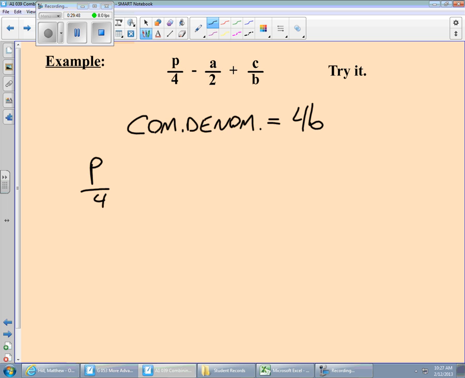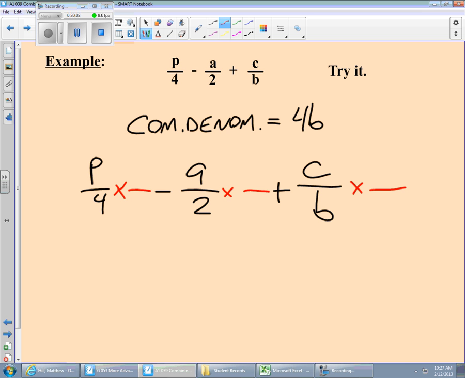So now, what do we have to multiply each fraction by in order to obtain this 4b? The ratio on the left looks like it needs a b in order to become a 4b.